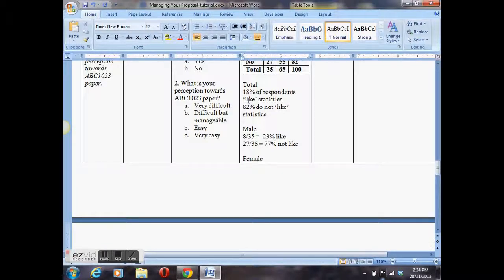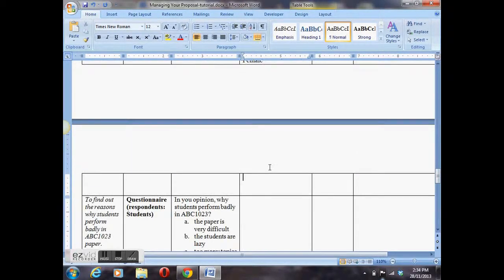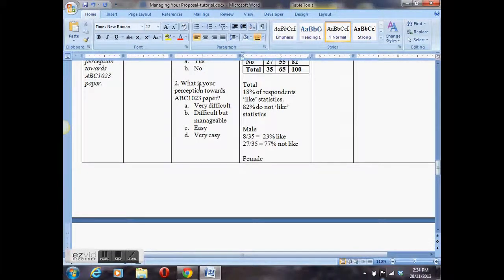Is there any difference in terms of their perception? That is also possible. And we will do this again for the other questions.